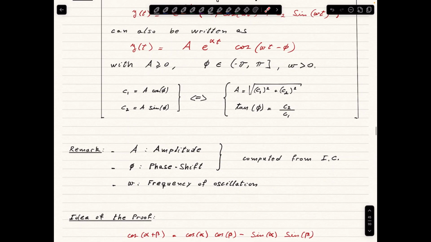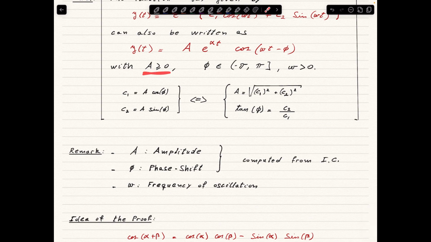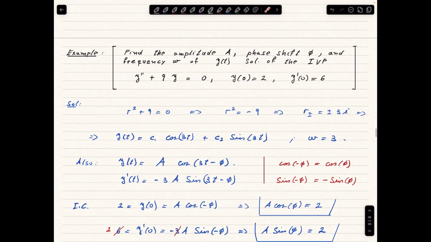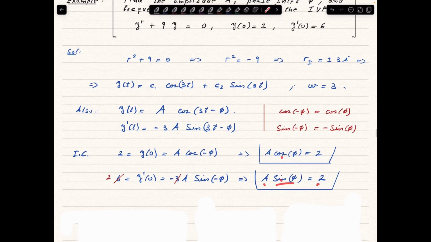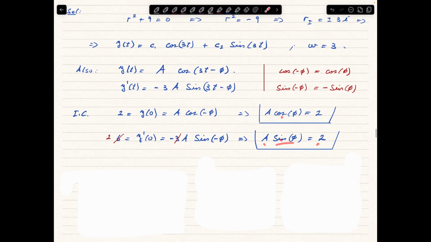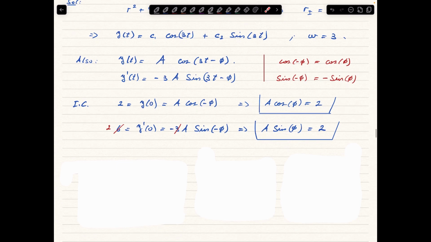The amplitude is non-negative. If the amplitude has to be non-negative, and the amplitude times the cosine is 2, and the amplitude times the sine is 2, sine and cosine are positive. So what is this telling us about the angle?